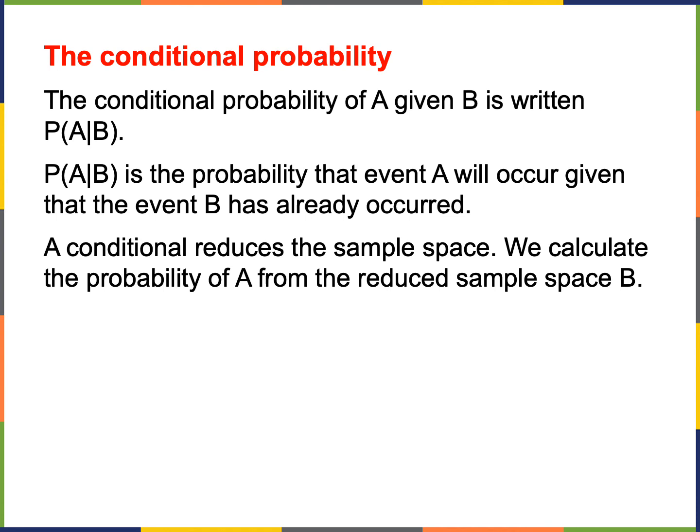We change the sample space. The probability of A given B is the probability that event A will occur given that B has already occurred. This is called a conditional, and it reduces your sample space, because we calculate the probability of A from the reduced sample space B.